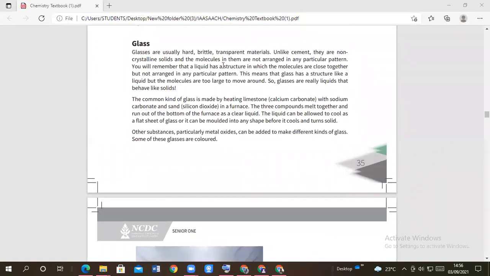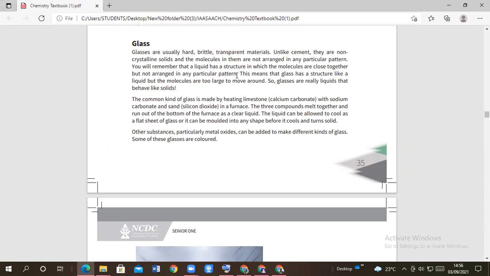The molecules are not arranged in any pattern. So those molecules in glass, they are arranged in different patterns. Okay? So you will remember that a liquid structure has molecules closely packed, but not arranged in any pattern.